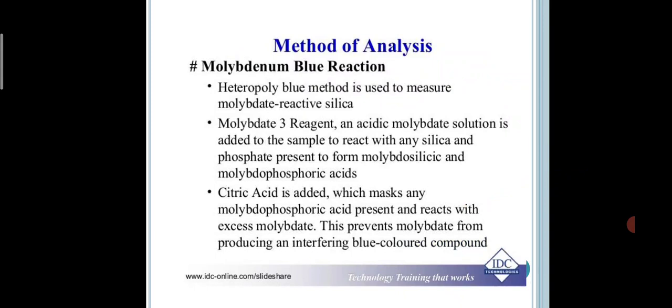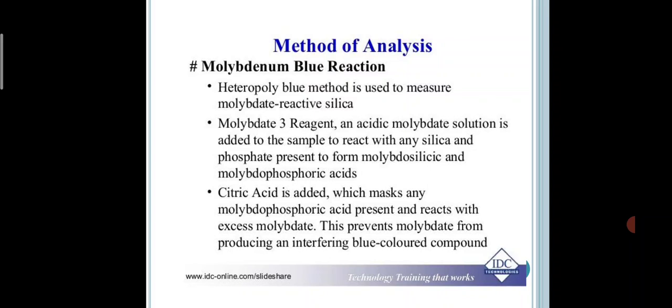The methods of analysis. The molybdenum blue reaction. The molybdenum blue method is used to measure molybdate reactive silica. The molybdate 3 reagent, an acidic molybdate solution, is added to the sample to react with any silica and phosphate present to form molybdosilicic and molybdophosphoric acids.